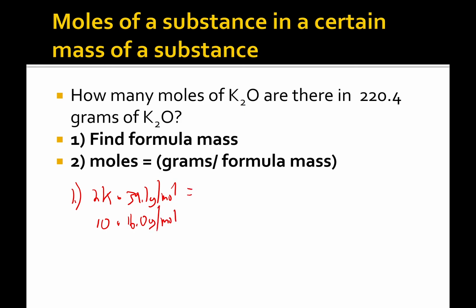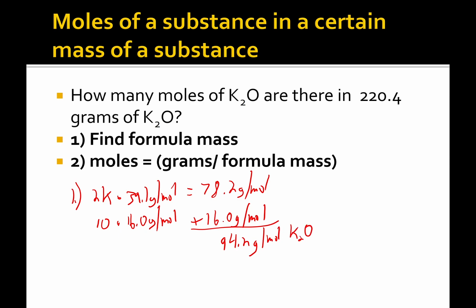This is going to give us a total of 78.2. And this will give us a total of 16 grams per mole. We add this up, and we get 94.2 grams for every mole of K2O.